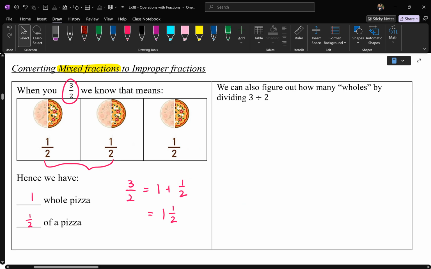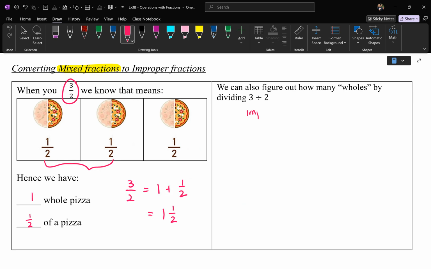For those who don't know how to convert from improper to mixed fraction, write these notes. You literally do what it tells you in the fraction. This means 3 divided by 2. In term 1, you already learnt how to do division, either by short division or long division.